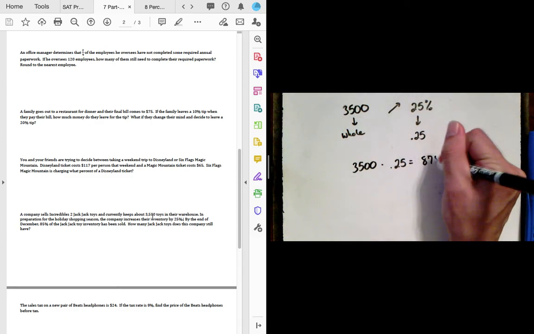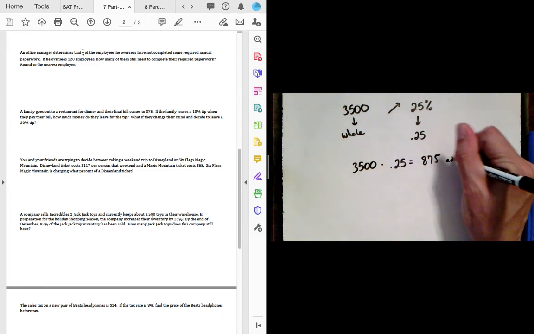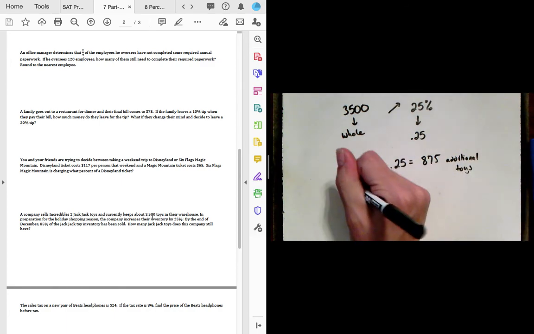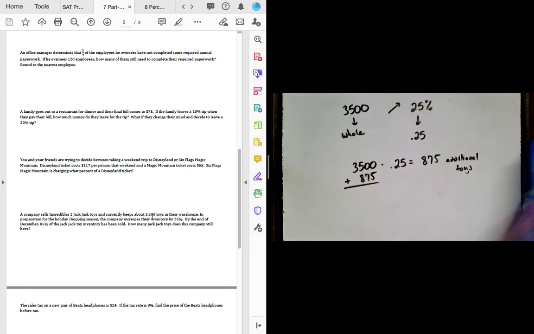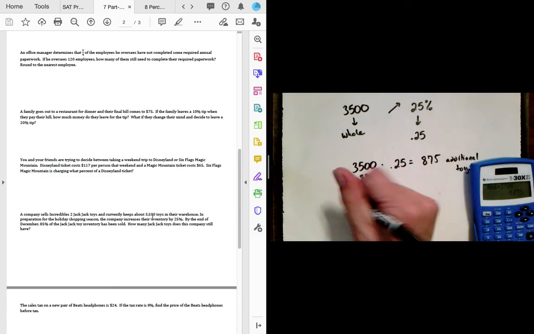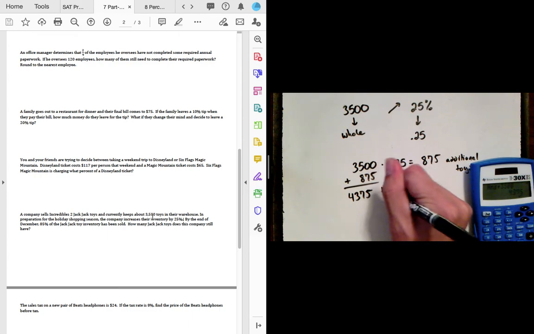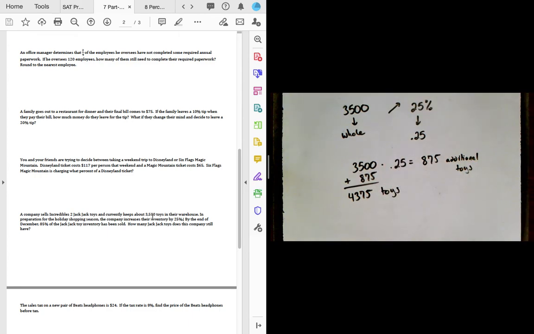So this is 875 additional toys. I'm going to take this 875 and add it to 3,500. And I now have 4,375 toys.